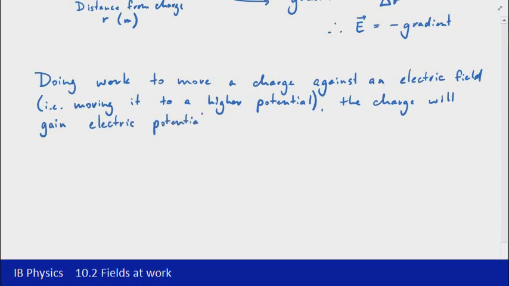Now, you might have heard of gravitational potential energy before in previous science units. We will actually get onto that when we come back and look at gravitational fields. But electric potential energy is basically just energy stored by a charge due to its position in an electric field.